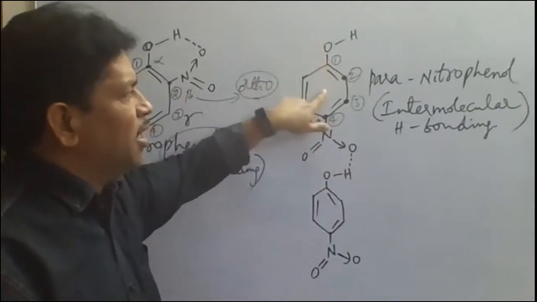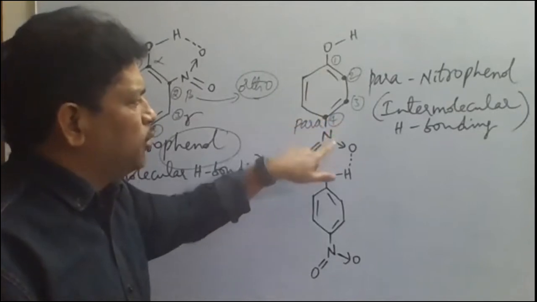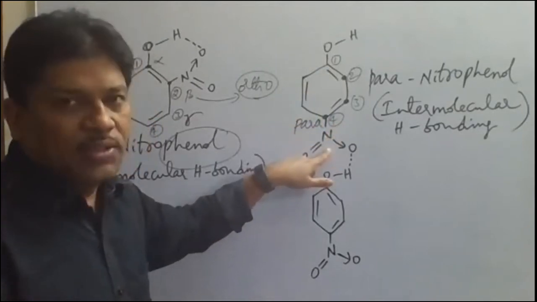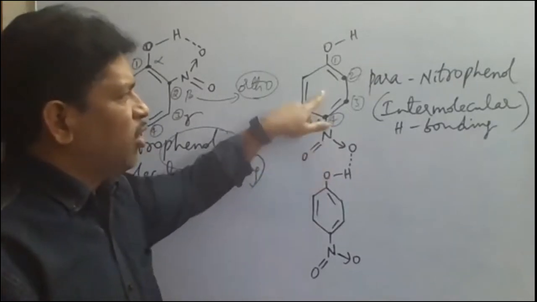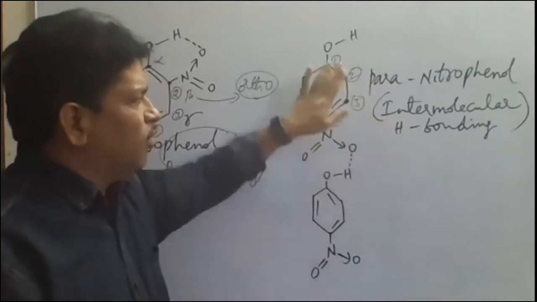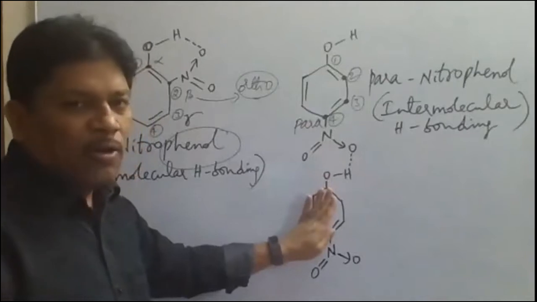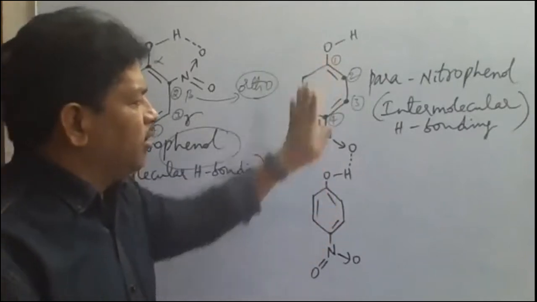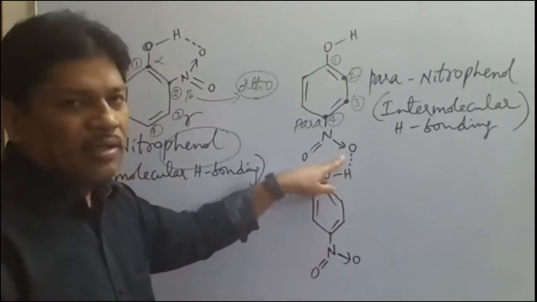A benzene ring with an OH group is phenol. In this phenol molecule, at the para position, that is the fourth carbon position, an NO2 group is attached. So it is called para nitrophenol. Here, between two molecules of para nitrophenol, there is hydrogen bonding.